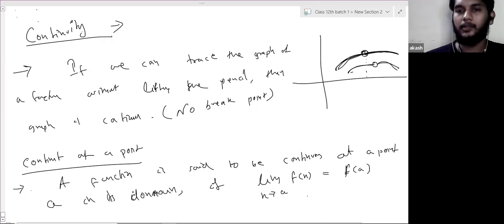What this means is that the limit exists at a, first of all, and the value of the limit is equal to the value of the function f of a.